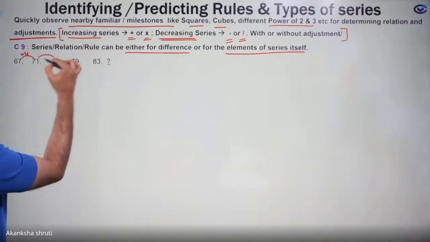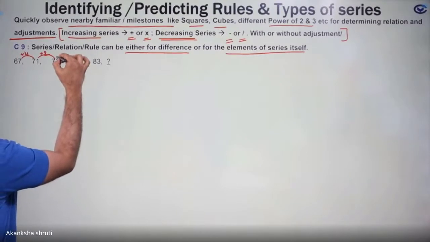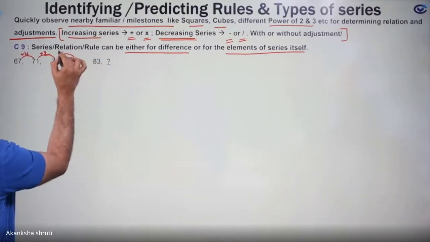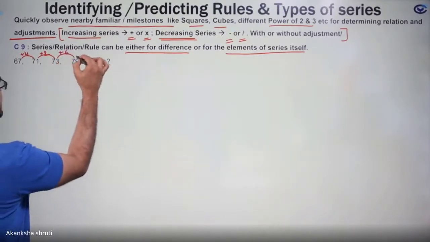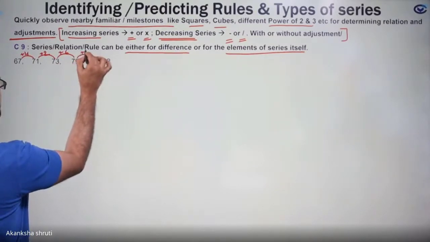From 71 to 73, addition of 2. From 73 to 79, addition of 6. From 79 to 83, addition of 4.